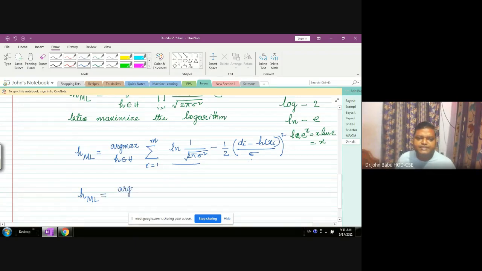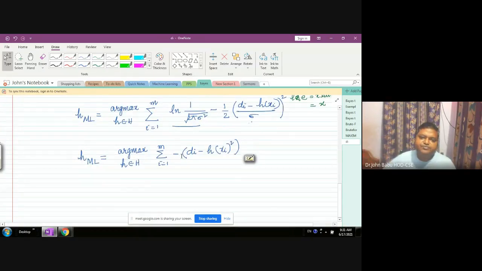We don't want the exact value, we want the maximum value. So there is nothing wrong, we can eliminate the terms. The sum over i equal to 1 to m, the first term is deleted, minus di minus h of xi, whole square.